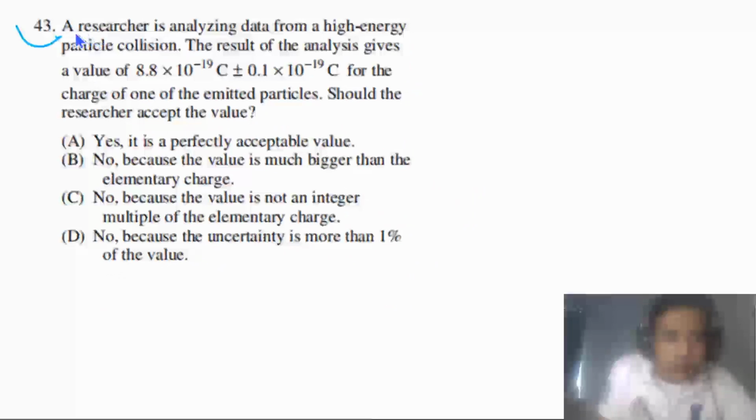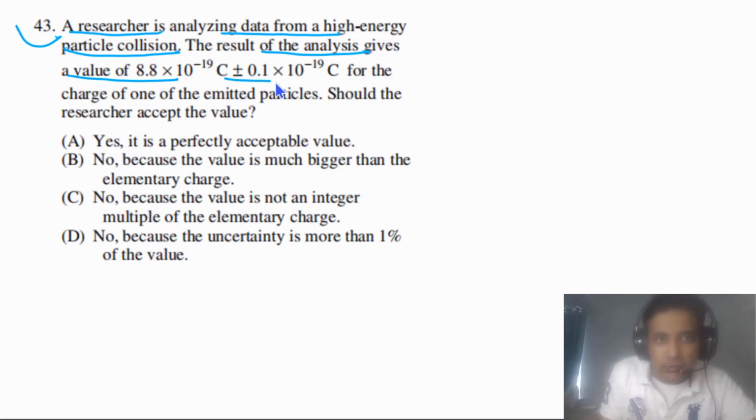Question 43 says, a researcher is analyzing data from a high energy particle collision. The result of the analysis gives a value of 8.8 times 10 to minus 19 coulombs plus minus 0.1 times 10 to minus 19 coulombs for the charge of one of the emitted particles. Should the researcher accept the value?